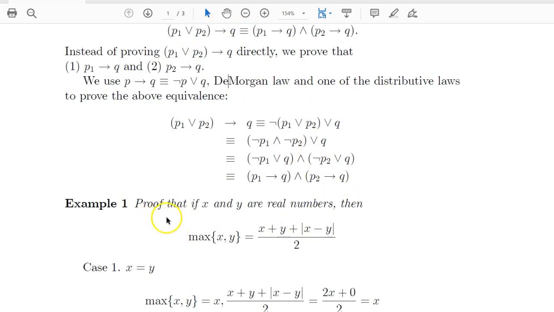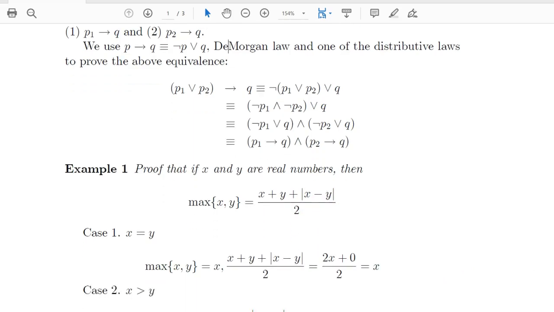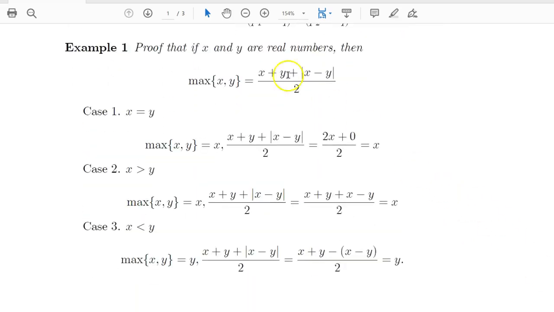Example 1. Prove that if x and y are real numbers, then the maximum of x and y is equal to (x plus y plus the absolute value of x minus y), all this divided by 2. For any two real numbers x and y, we have three possibilities, that is, three cases.